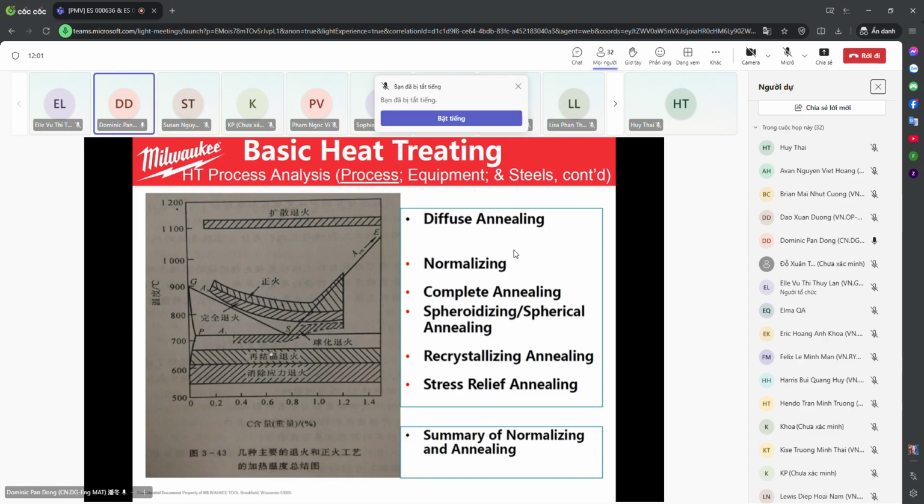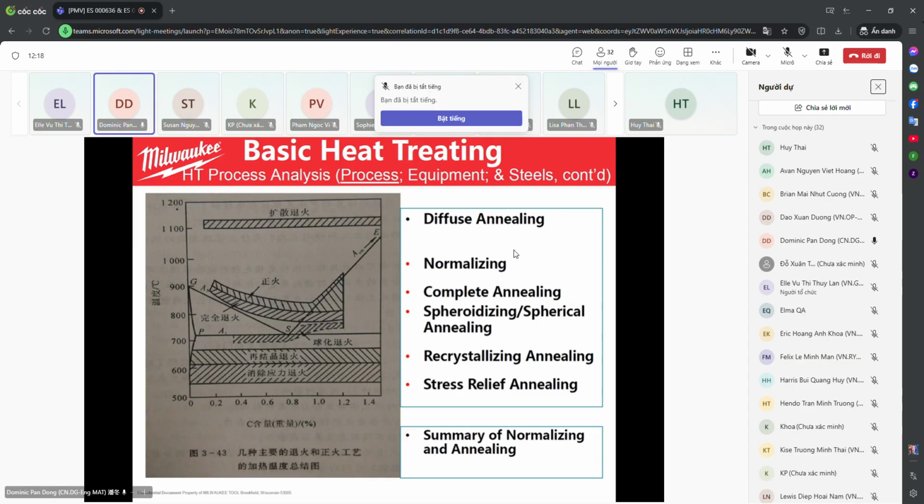So basically on this page on the left, it's the so-called steel carbon phase diagram. This phase diagram is very complicated, so I wouldn't spend the time walking into the details.